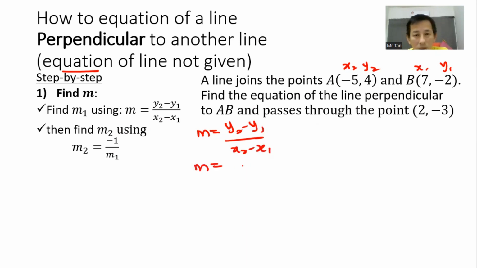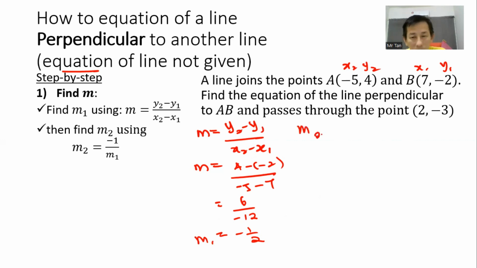Your m should equal 4 minus 2 over negative 5 minus 7. You get 4 plus 2 is 6 over negative 12. That will give you negative half. This is m1. So m2 should equal negative 1 over negative half, so your m2 should equal 2.